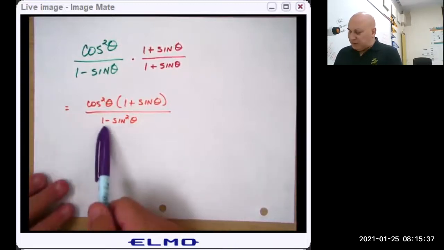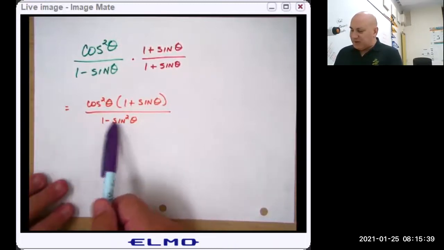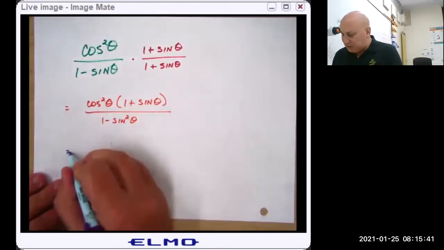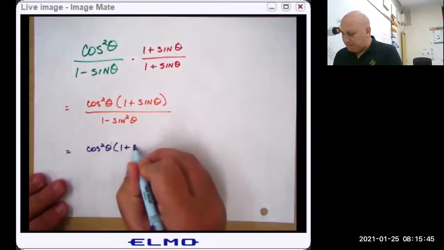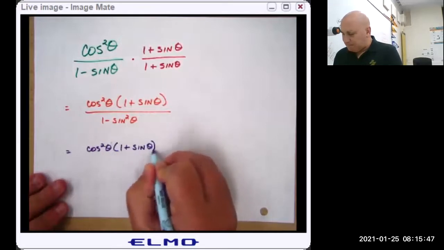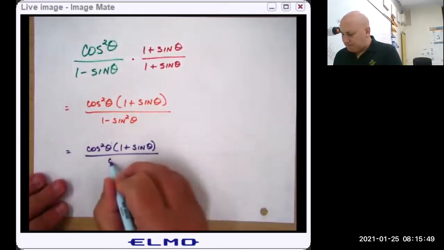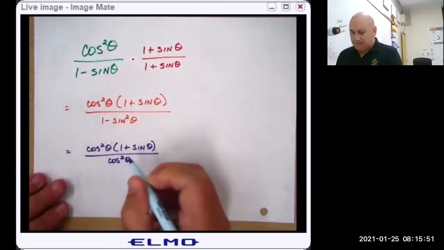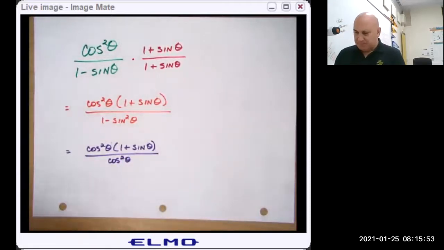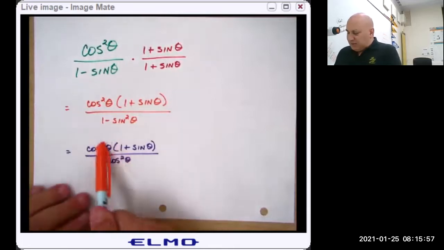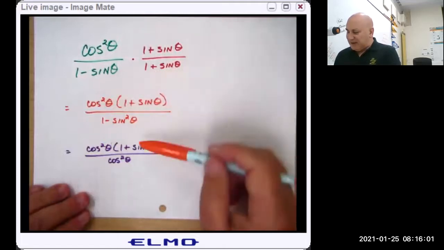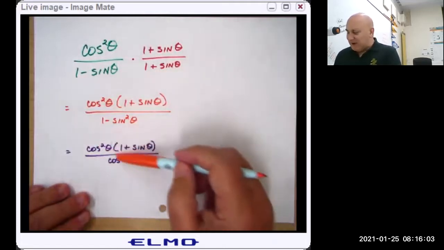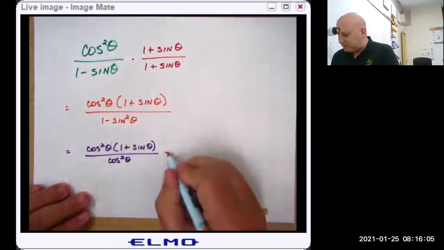Well, if you said that we could replace 1 minus sine squared theta with cosine squared theta, you were correct. And these cosine, now see, again, as I said, had I distributed that, I'd have to factor it out to divide everything by cosine.